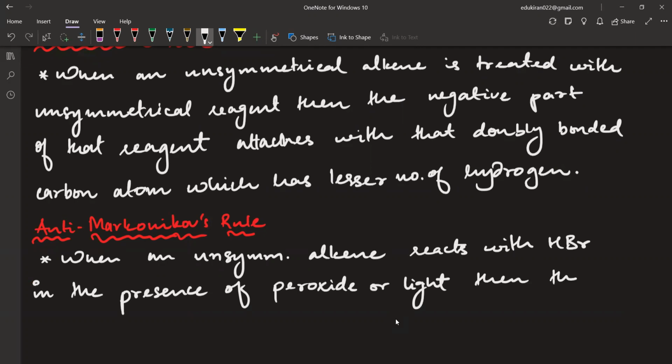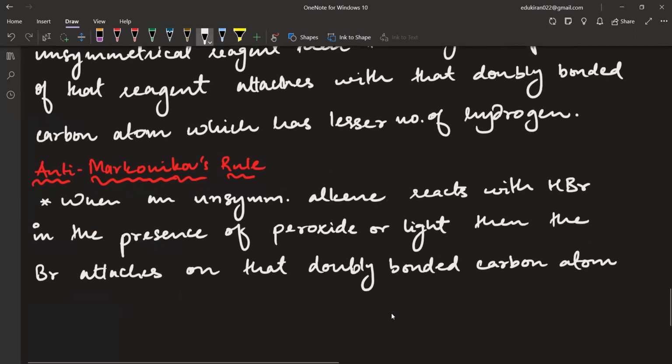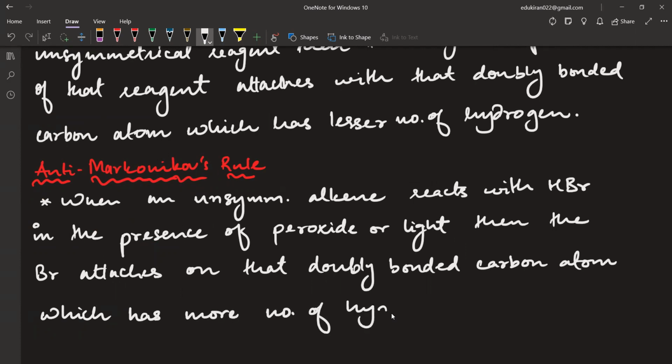Then the Br attaches on that doubly bonded carbon atom which has more number of hydrogens. Write this down. Let me know when you're done.